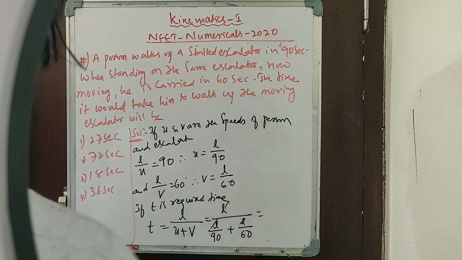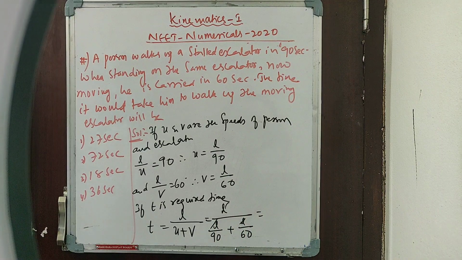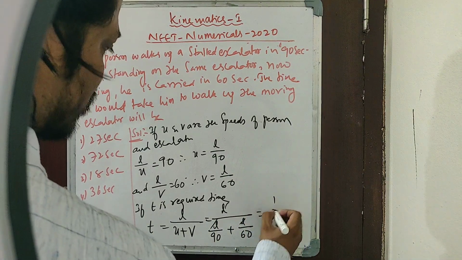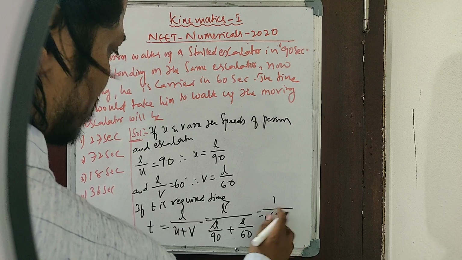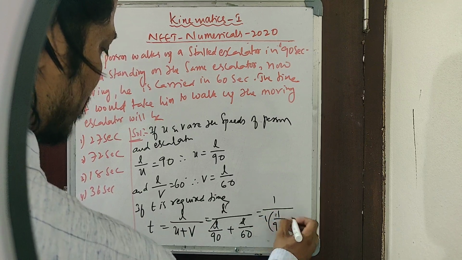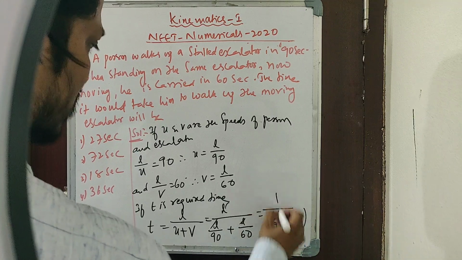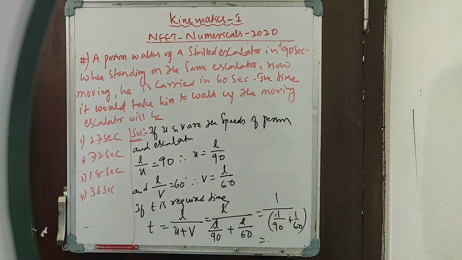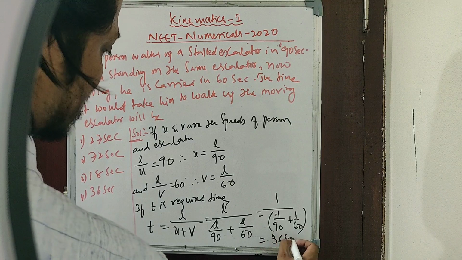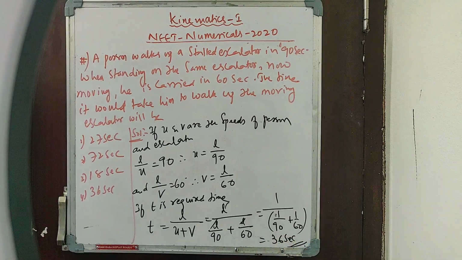Everywhere L gets cancelled. So if I simplify, this becomes 1 by 90 plus 1 by 60. If you do the simplification, this comes out to be around 36 seconds. So this must be the answer for such a question.